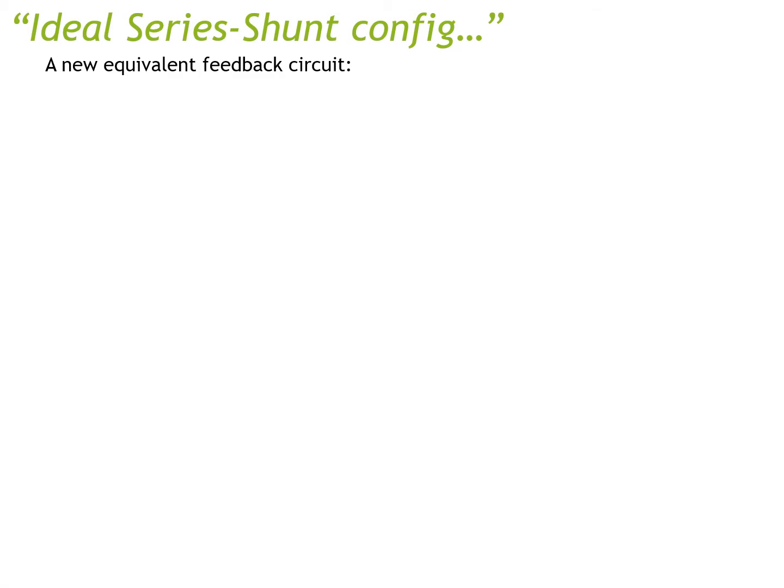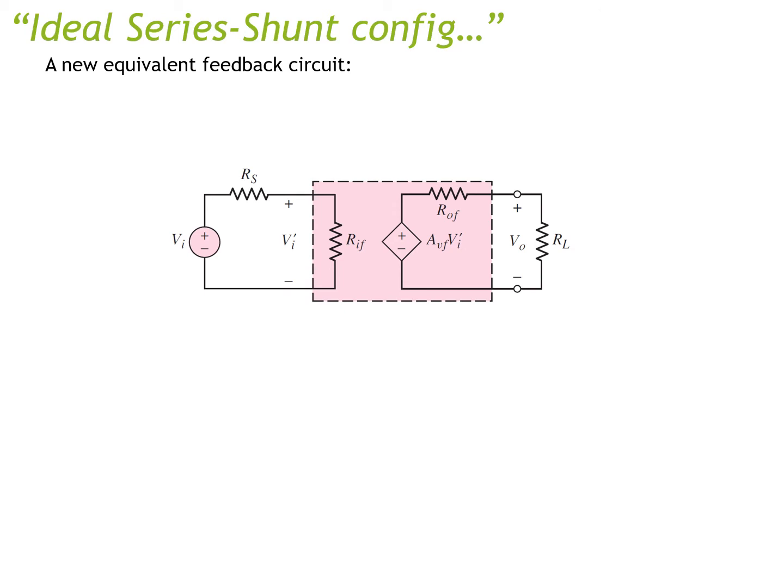Now a new equivalent feedback circuit. You can basically write your whole network as one single equivalent feedback circuit like this, with the input resistance being the new RIF here, and the output resistance being the new ROF here.